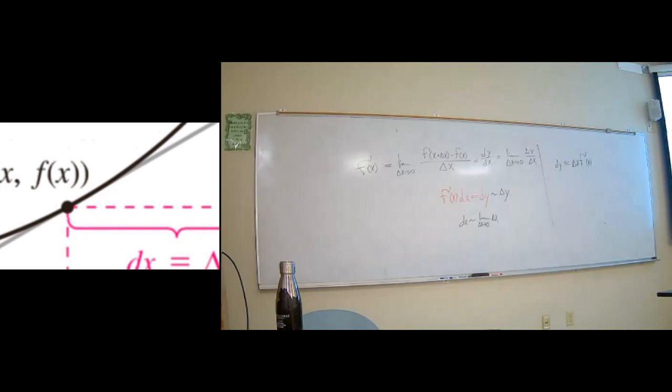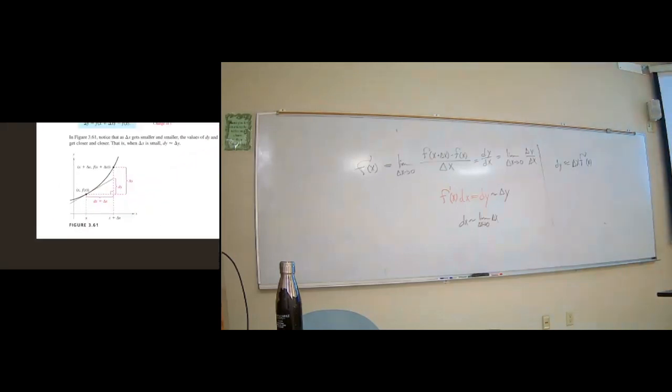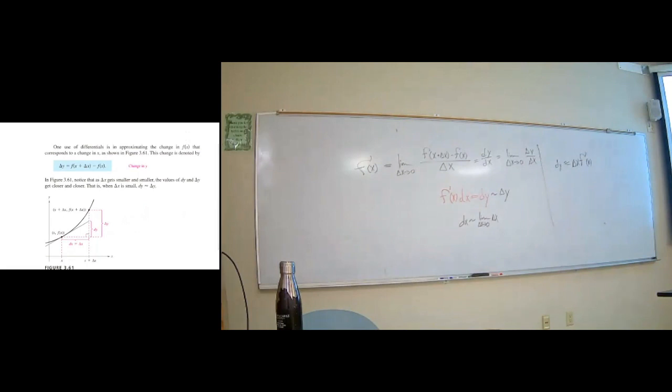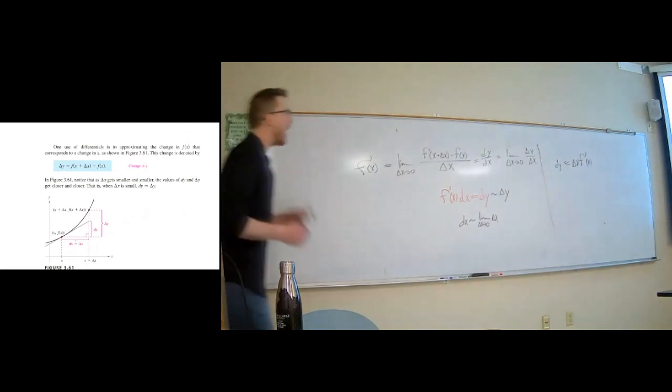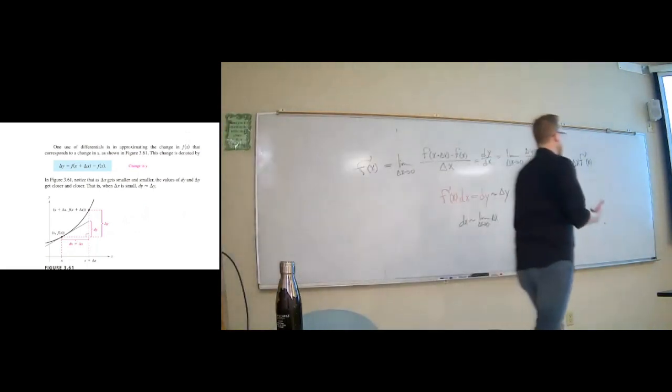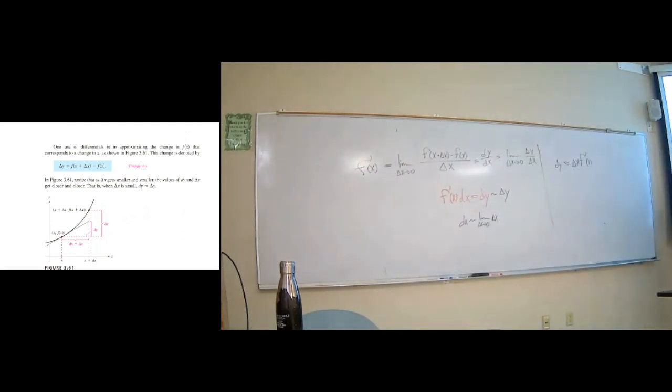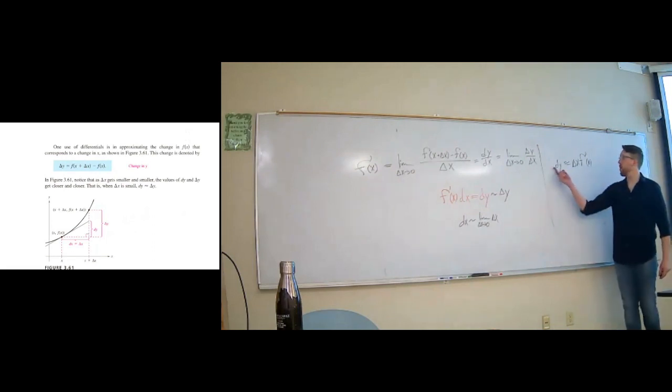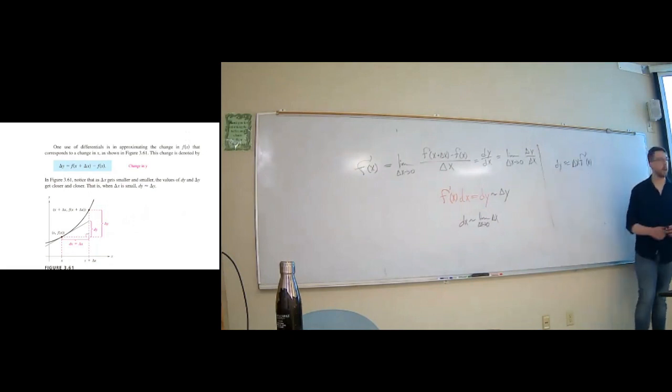And that's what this dy, delta y, dx, delta x idea is trying to tell us. We can think of this as error measurements. How accurate or how close is our tangent line to our function given some change in x? And we can find out by comparing the way dy and dx behave to delta x, delta y.